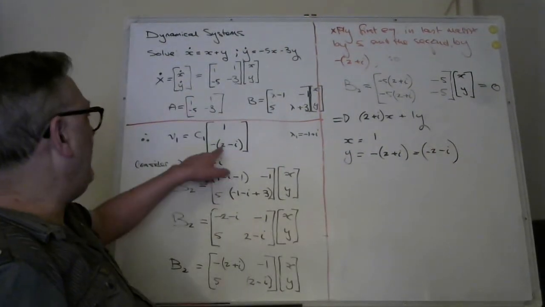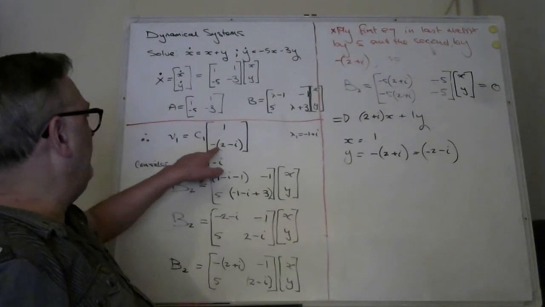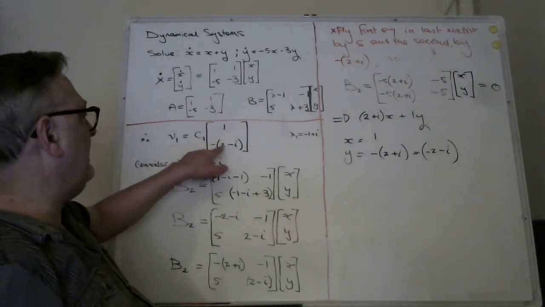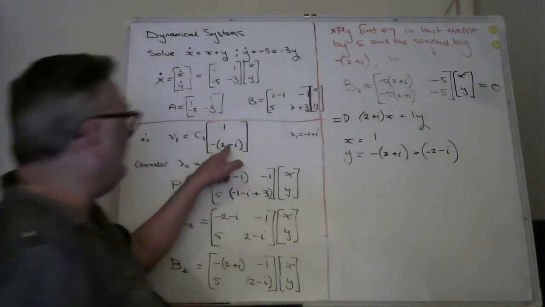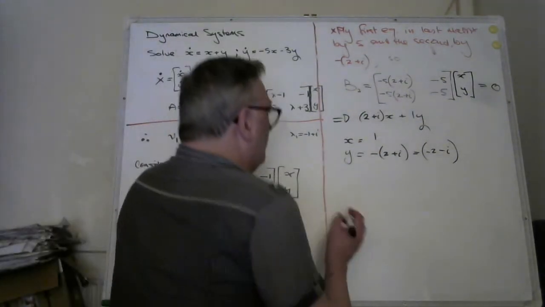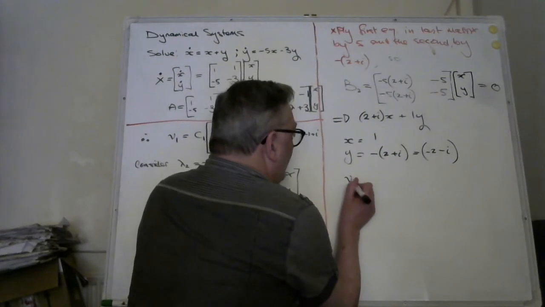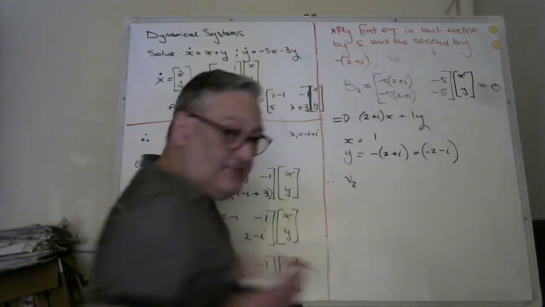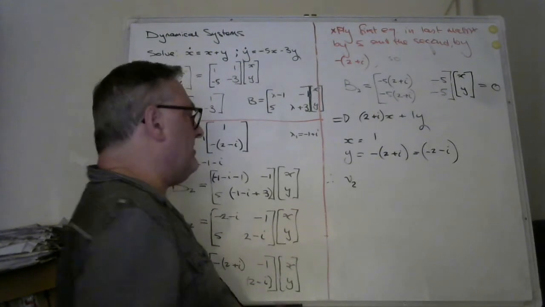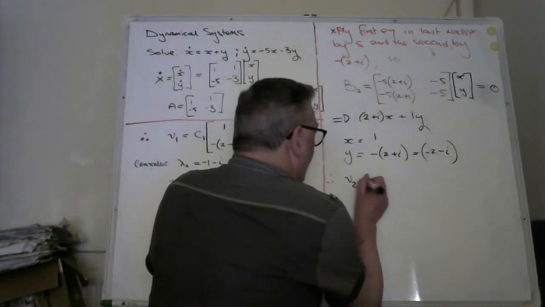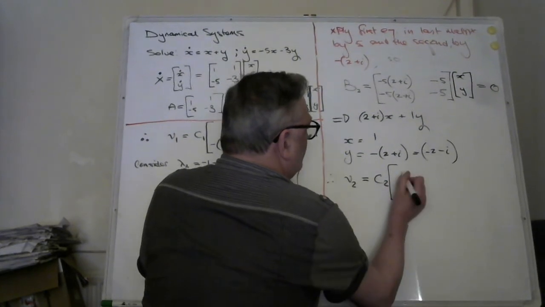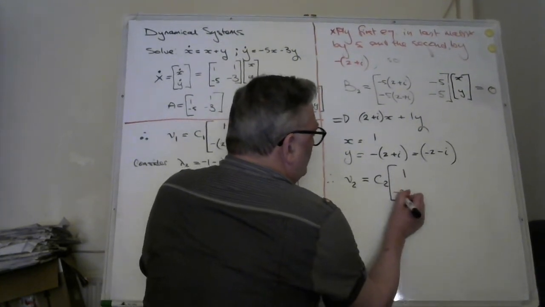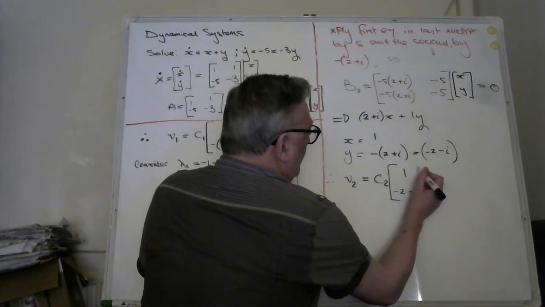So you see we had a minus, in brackets, 2 minus i there. This time we've got minus the complex conjugate of that. So we can write down that V2, this is our second and final eigenvector, is equal to C2 times, in brackets, 1, minus 2 minus i.